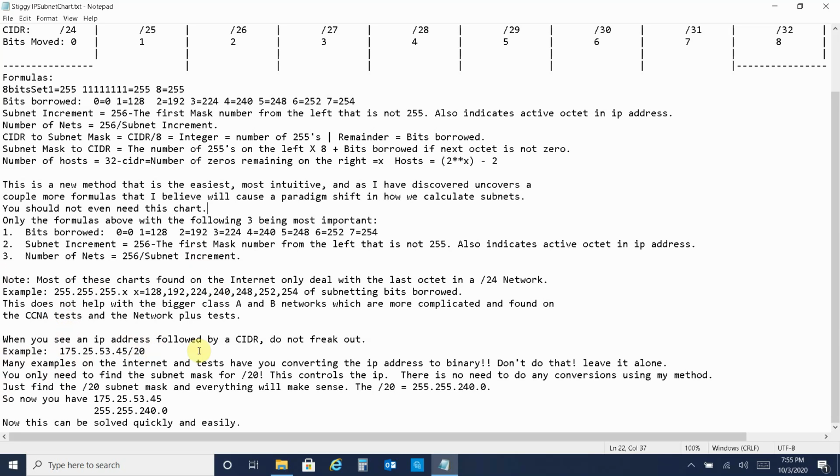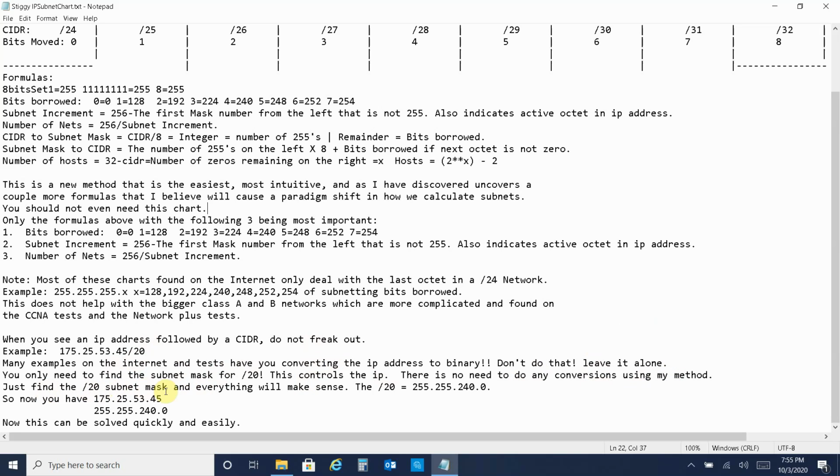In the example on the internet test, they have you converting the IP address to binary. Don't even mess with the IP address. That's the one above the subnet mask. Just leave it alone. You only need to find the subnet mask for /20. I'm just giving you an example here. This controls the IP. There's no need to do any conversions using my method.